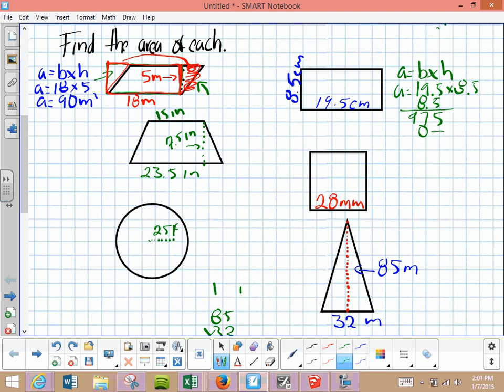Carry 4, and that'll be 72 and 4, 76, carry 7, 7 and 8, that's 15. 5, 7, 5, 6, 1. Is that correct? And we have 2 decimal places right there. Good. So it should be 165.75 centimeters squared.